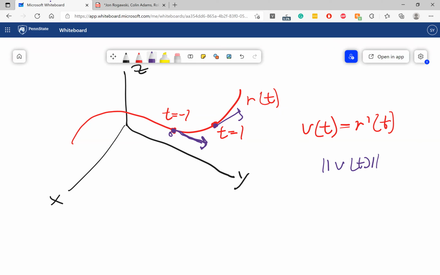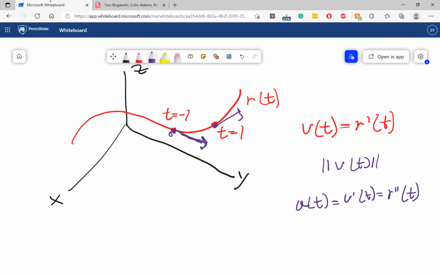And then finally, you can talk about acceleration, which is just the change in your velocity, how quickly your velocity is changing. So that's the derivative of v. So a of t is equal to v prime of t, which is equal to r double prime of t.